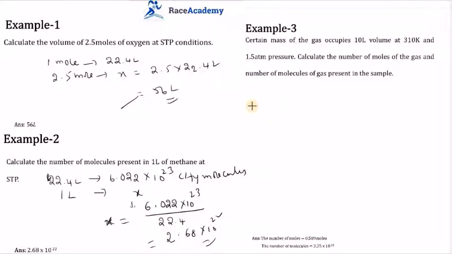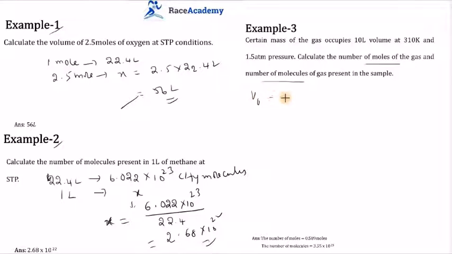Let us move to the next problem. A certain mass of a gas occupied 10 liters volume at 310 Kelvin and 1.5 atmosphere pressure. Calculate the number of moles of the gas and number of molecules of gas present in the sample. So two things we have to calculate, the number of moles and the number of molecules. Before that, we know one formula.